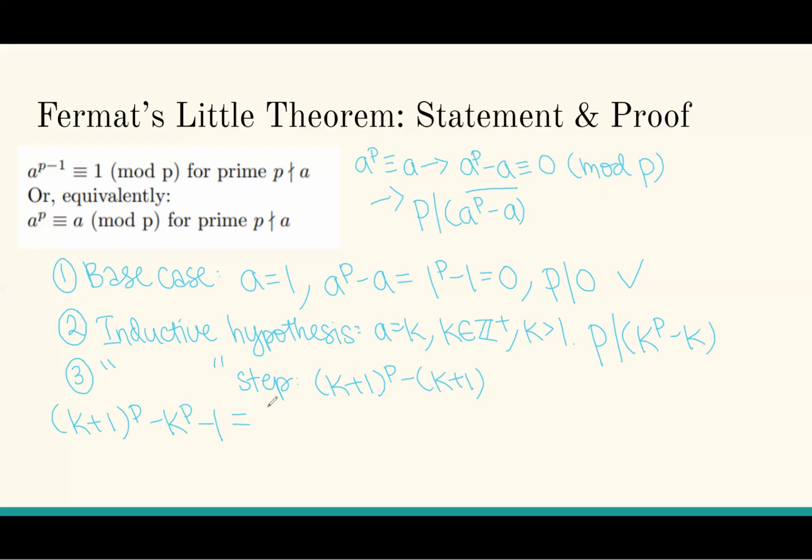Note that this cancels out the k to the pth power and the 1 terms of the expansion of this by the binomial theorem. So then this gives us p choose 1 times k to the p minus 1, summed all the way to p choose p minus 1 times k to the first power. Now since p is a prime, p divides all of these binomial coefficients, including this one. And what that means is that this whole expression is divisible by p.